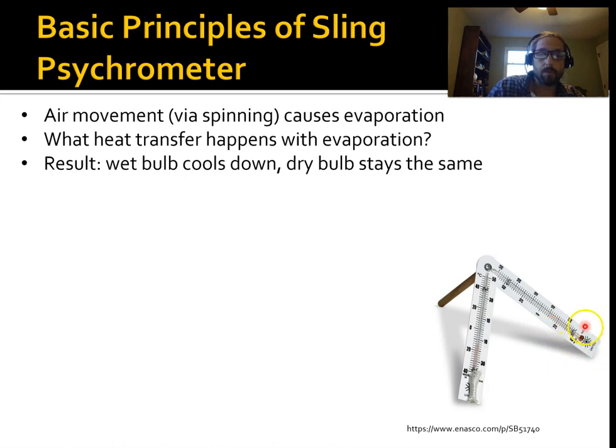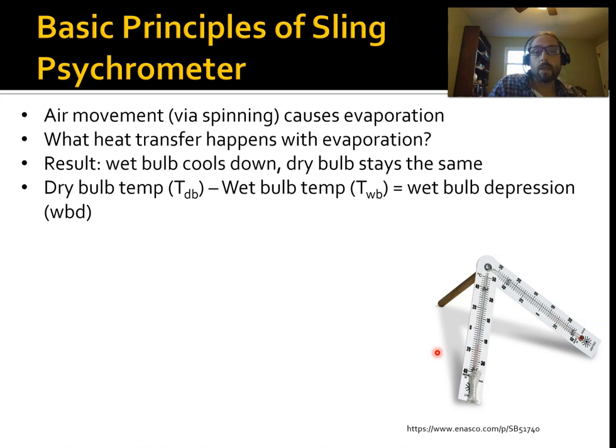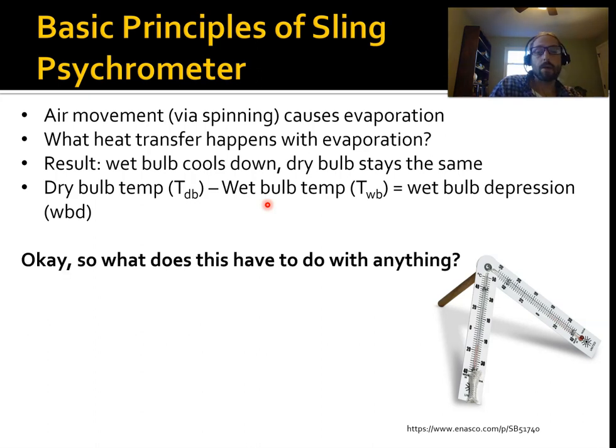So you spin it around, the dry bulb stays the same temperature, and this wet bulb, because of that evaporation, pulls heat from the thermometer and cools everything around it down. Once you do that, you measure the difference between the two. You have the dry bulb temp minus the wet bulb temp, and that gives you something called the wet bulb depression, or the WBD, if you will. So what does this have to do with anything?